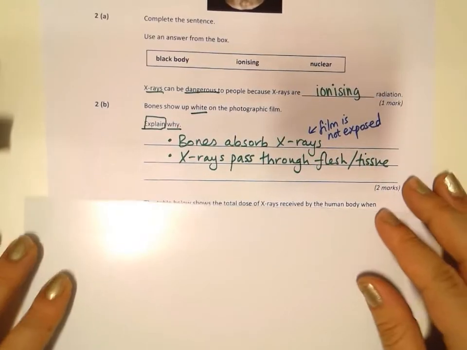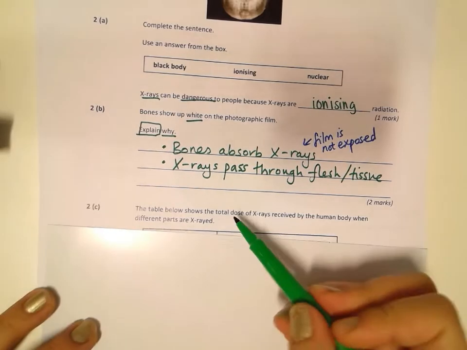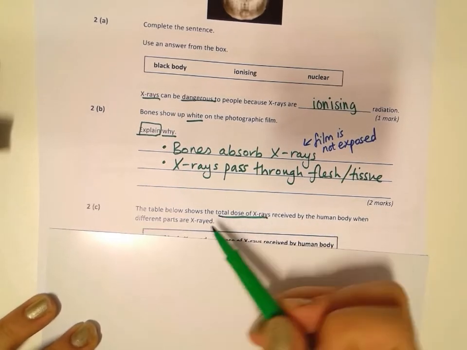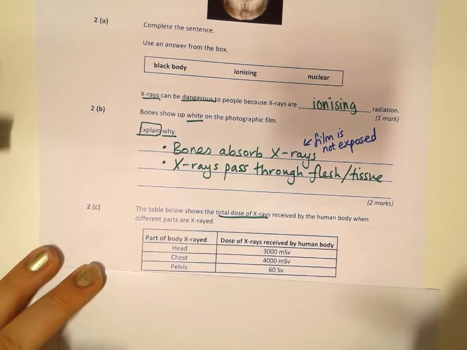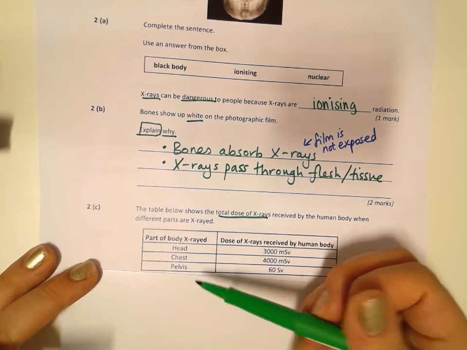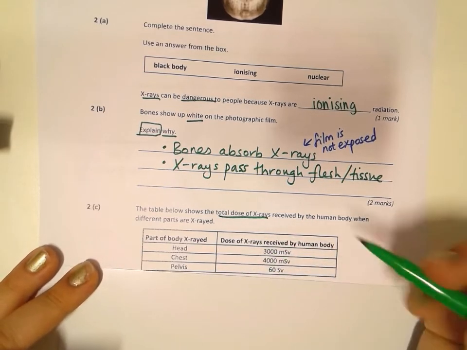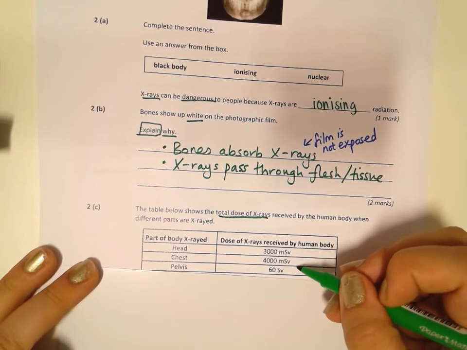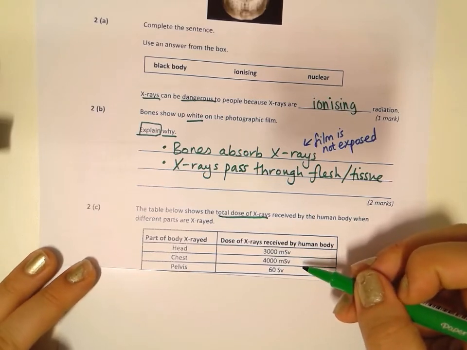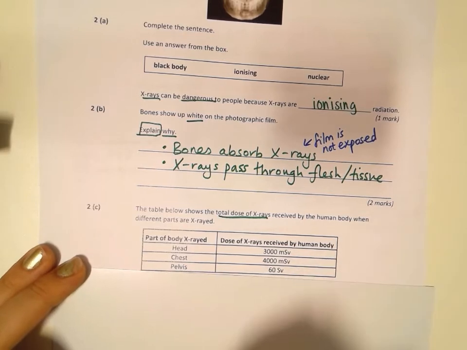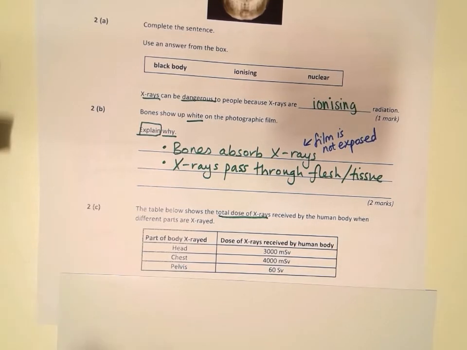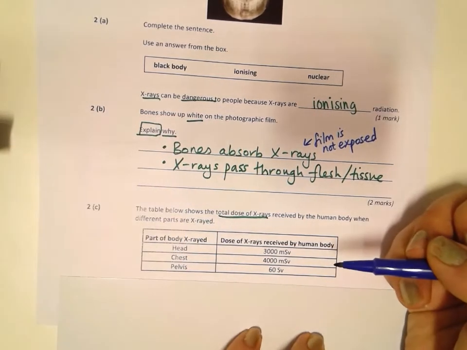Next, here we see the total dose of X-rays received by the human body when different parts are X-rayed. So we have the head, the chest, and the pelvis, and on the right here we have the dose, and you can see the dosages are not all in the same units. So let's make sure that they're all the same units. Firstly, the SV stands for sieverts.